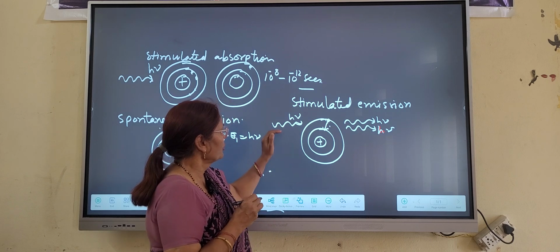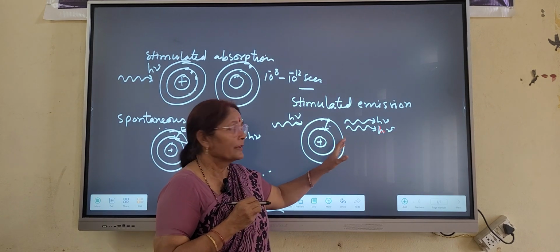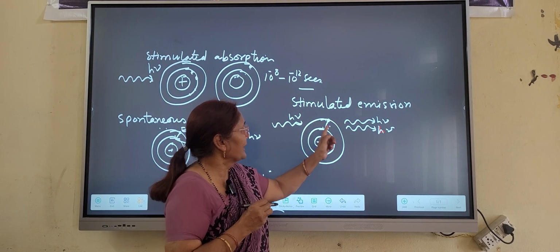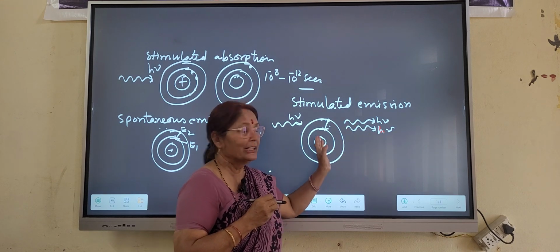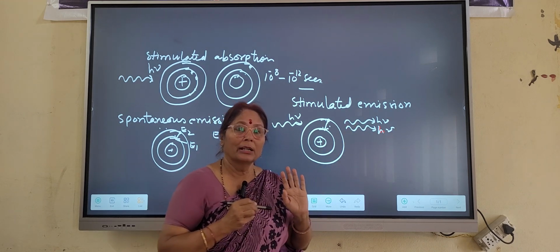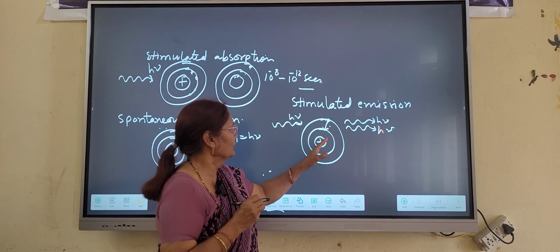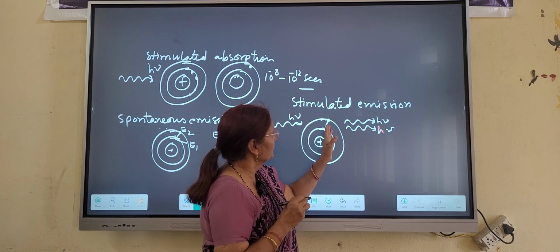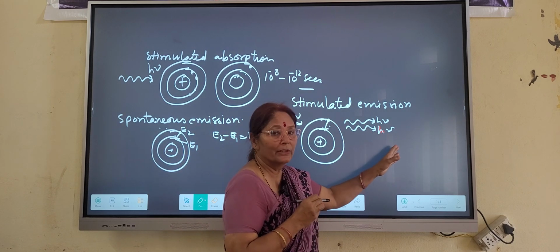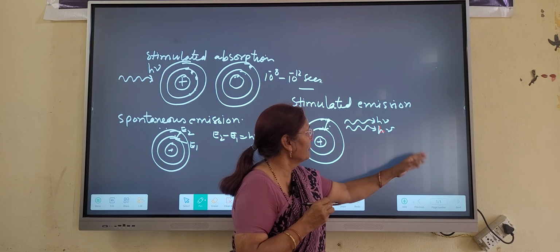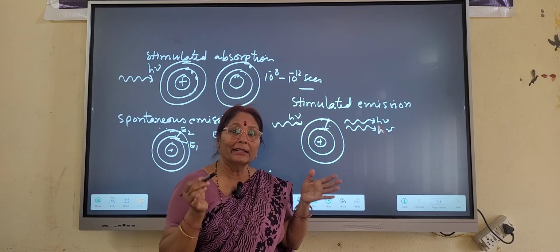So the number of photons falling on the atoms: one photon takes out one atom, another takes out another. So if suppose 5 photons are falling on this, then apart from those 5 photons, 5 more photons are coming out from the system. So in total we get 10 photons.